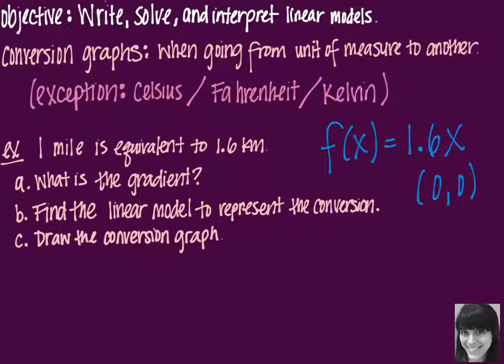If I wanted to do whole numbers instead, I could input 10 into x, because I know that when I multiply 1.6 times 10, I get a full number, 16. So if I input 10 into my function, I get out 16. Now I have two points, 0, 0 and 10, 16.